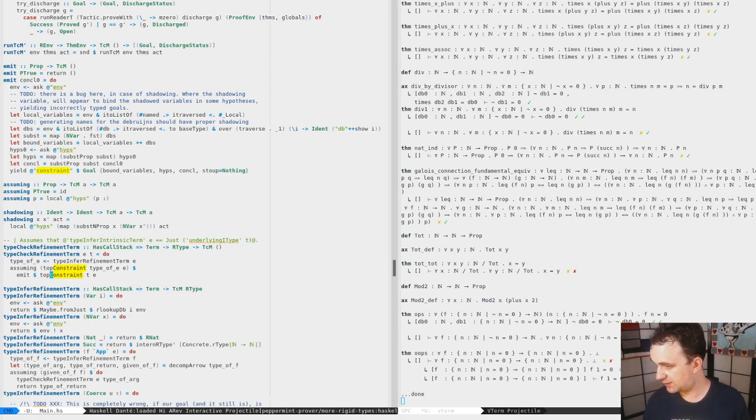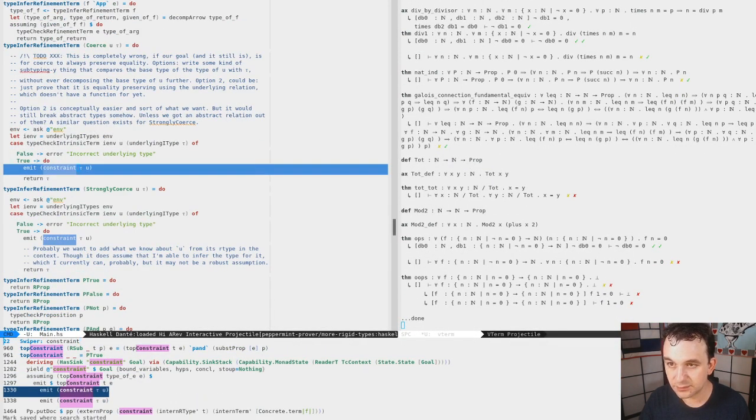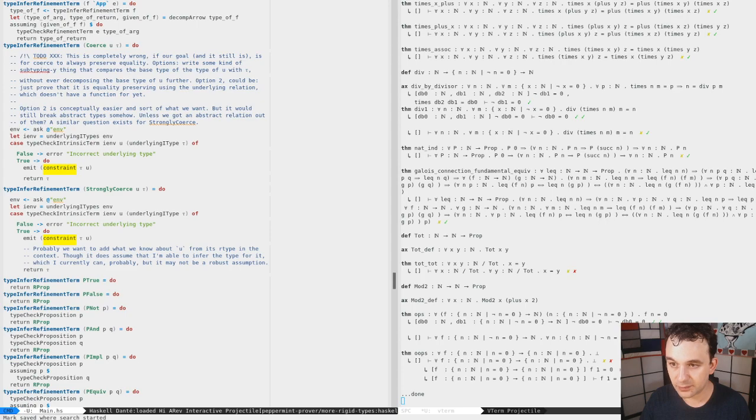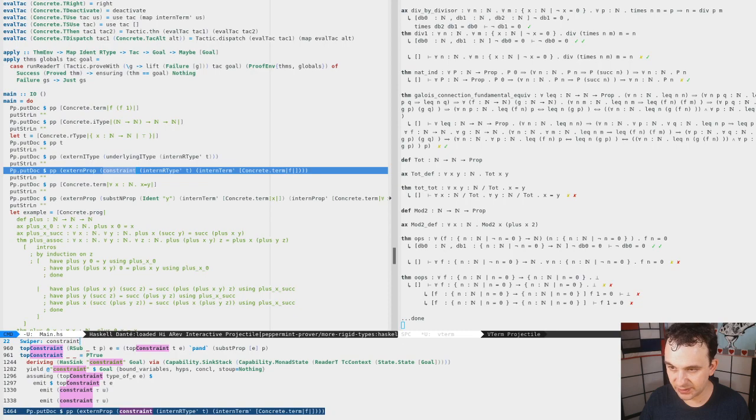Still haven't broken anything. These ones are the appropriate ones. Well, one of them is incorrect, but okay, this is on purpose.